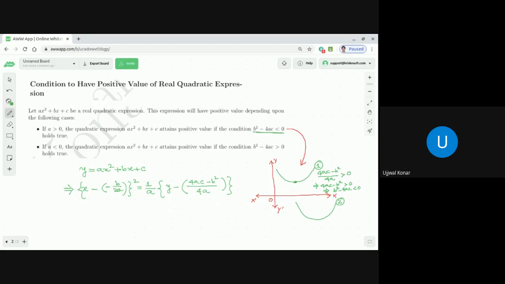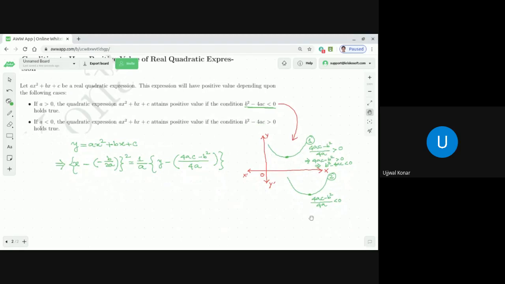Now let's come to case 2. In this case, we see that the y-coordinate of the vertex is less than 0. That means 4ac minus b square by 4a is less than 0. Now a is greater than 0. Correct? We can write from here, dear students, that 4ac minus b square is less than 0 because you are multiplying with a positive quantity, so the inequality will remain the same.